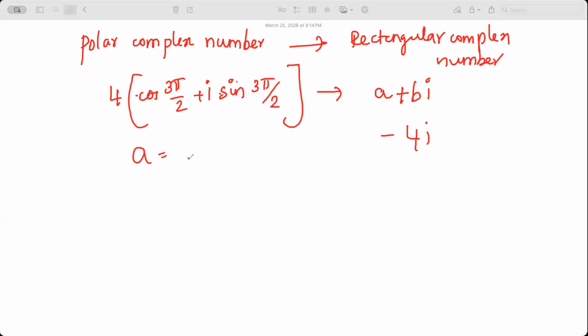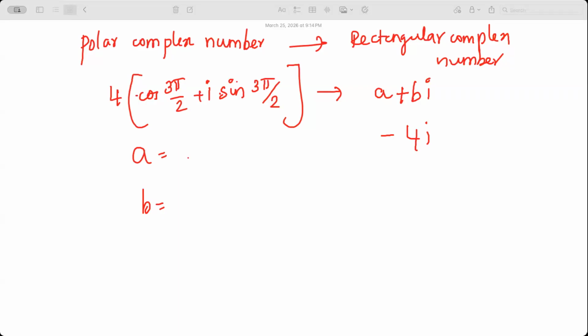You need to find out a and b, right? So minus 4i would be your answer.